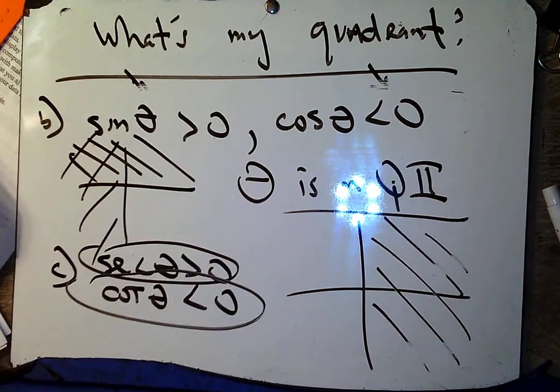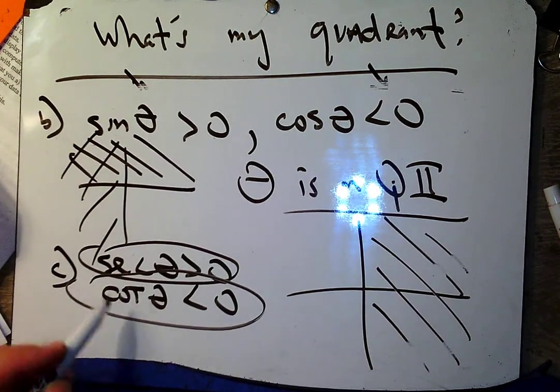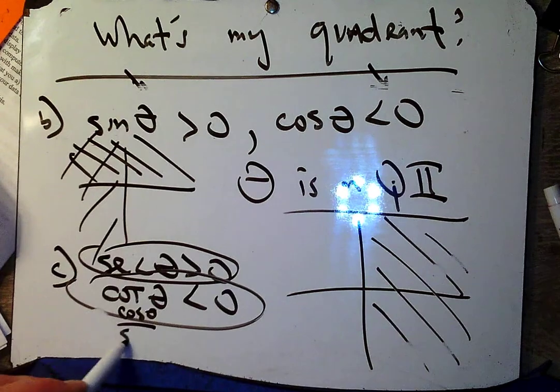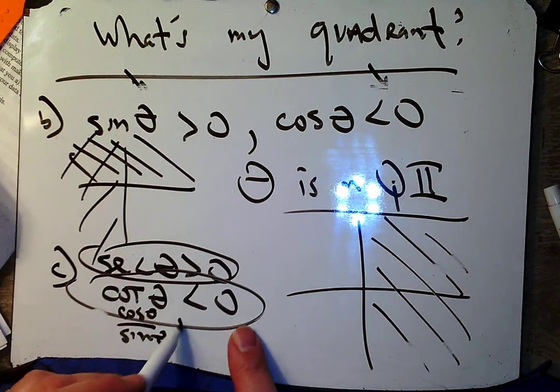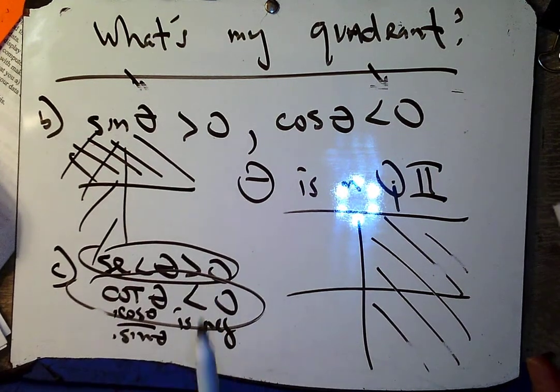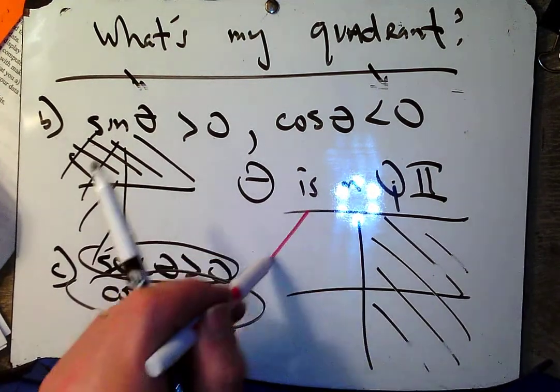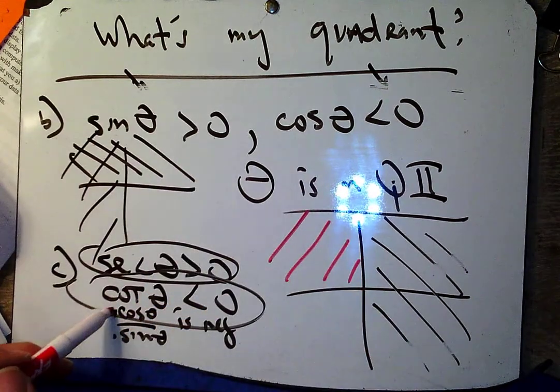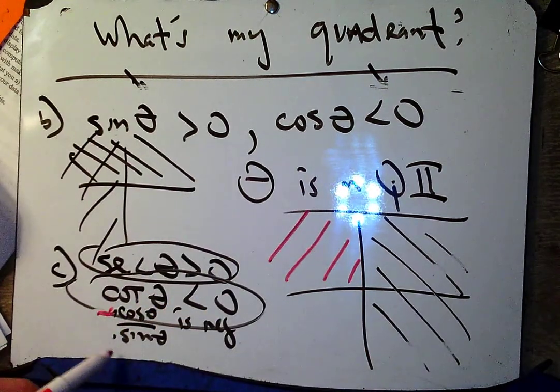What about cotangent? Cotangent is less than 0. In order for cotangent, which is cosine over sine, to be negative, that means that one of these is negative. Okay, so here's the place where the cosine is negative and the sine is positive.